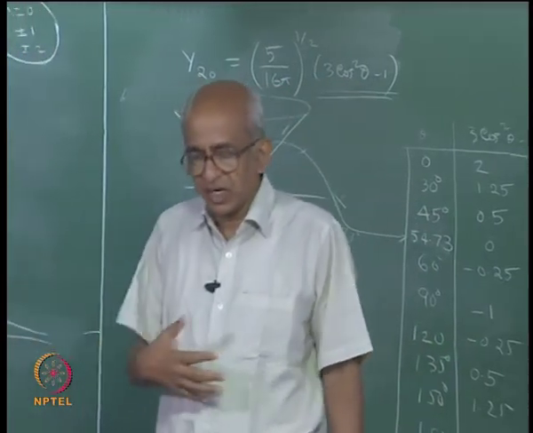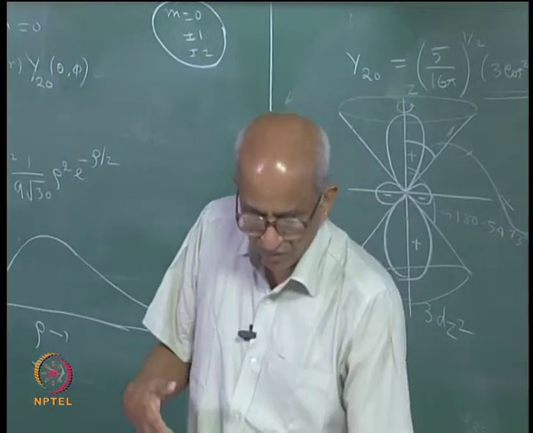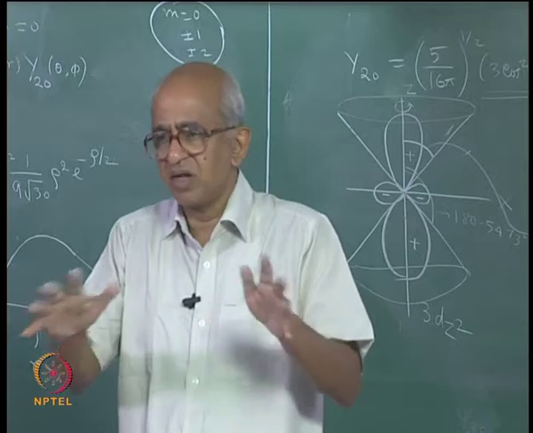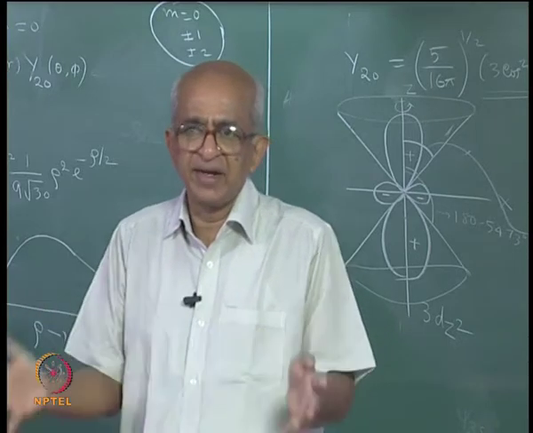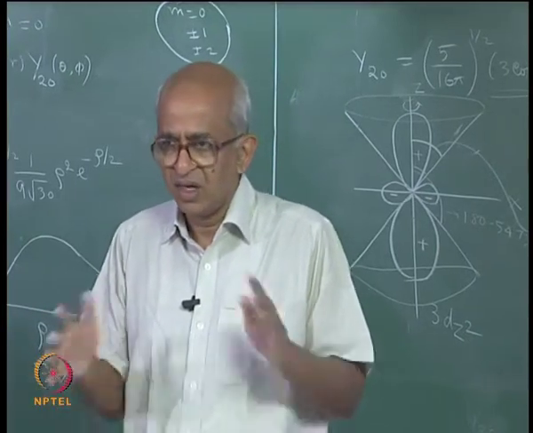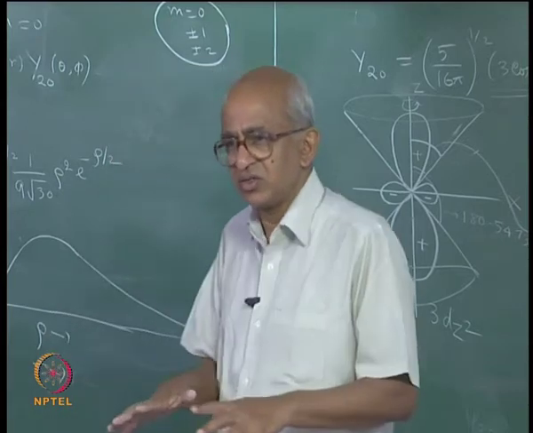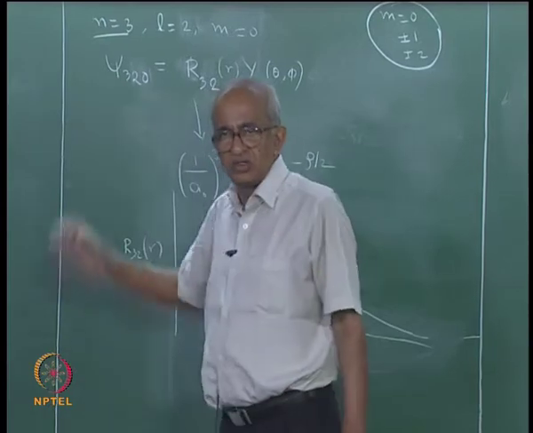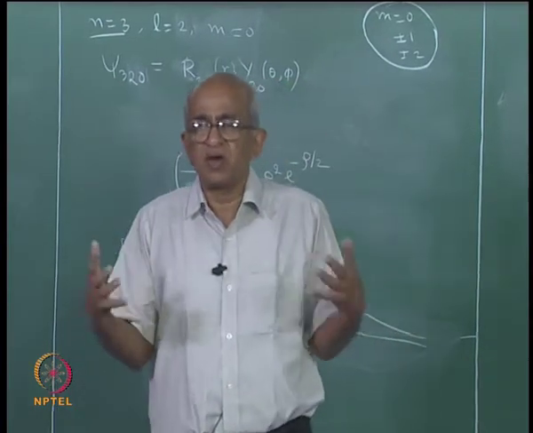And you should realize now that for any point lying along the surfaces of these cones, the angular part of the wave function will be identically equal to 0. And if the angular part is identically equal to 0, what will happen? The wave function itself will be equal to 0.